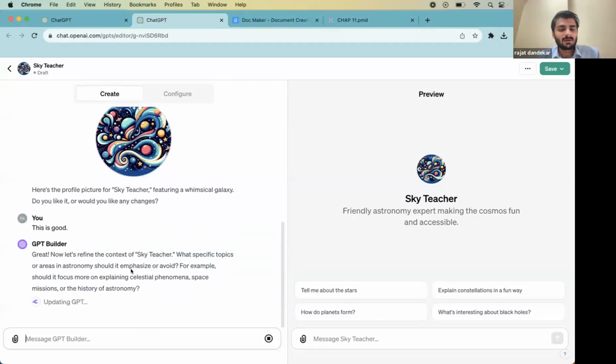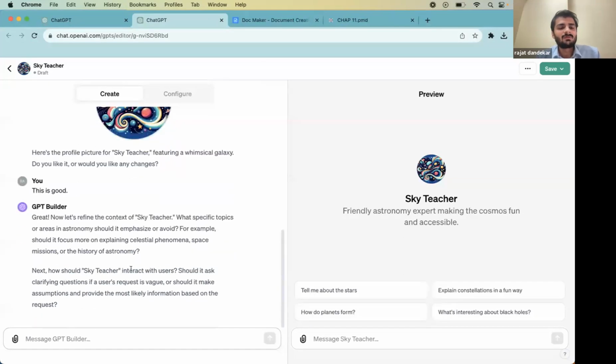Great. Now let's refine the context. What specific topics or areas on astronomy should it emphasize or avoid? For example, should it focus more on celestial phenomena, space missions, or the history of astronomy? So I think it should focus more on space missions and the history of astronomy.